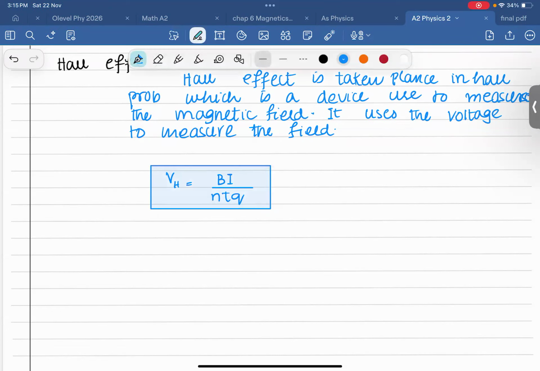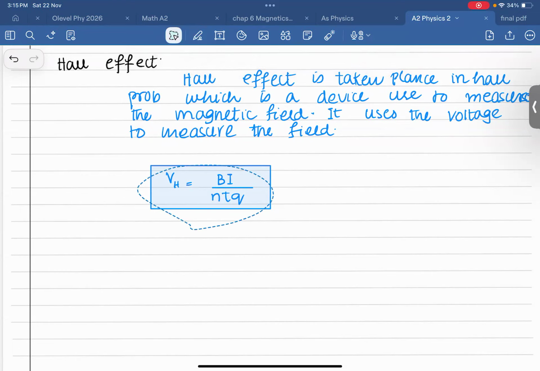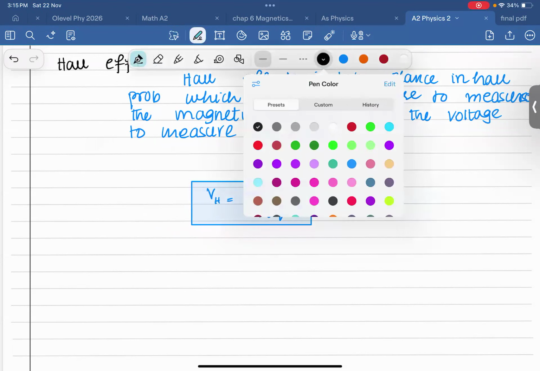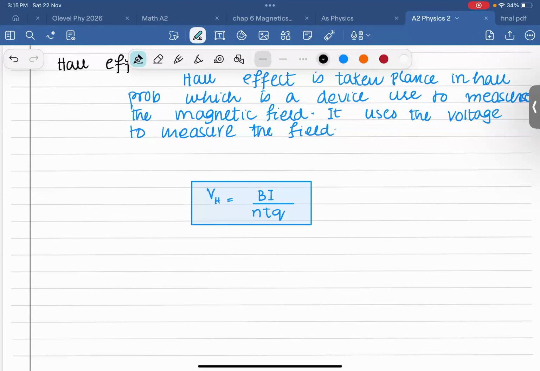In this formula, you don't have to remember it because they'll give it to you on the first page of the paper. I'm just writing down the quantities to help you understand them.